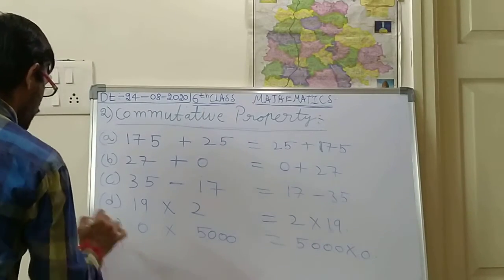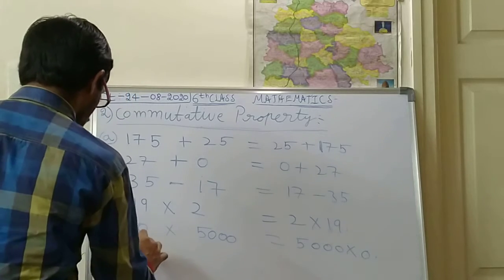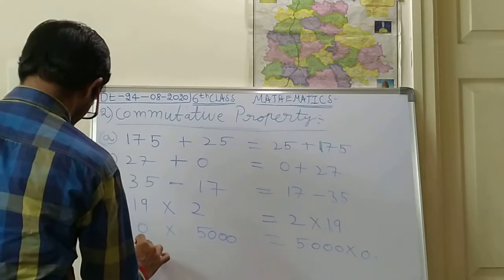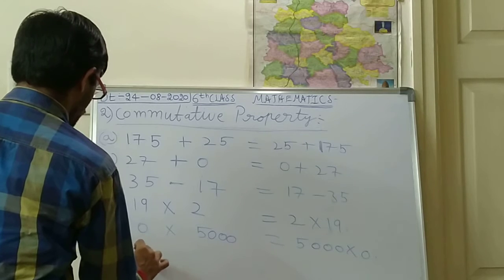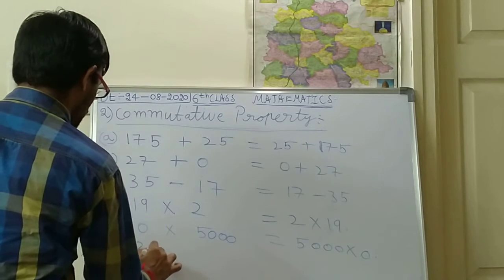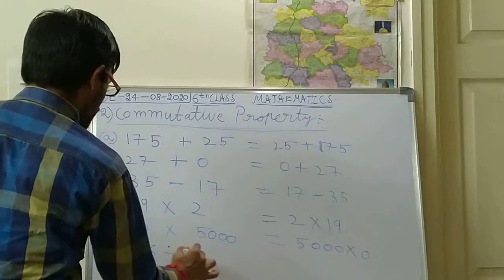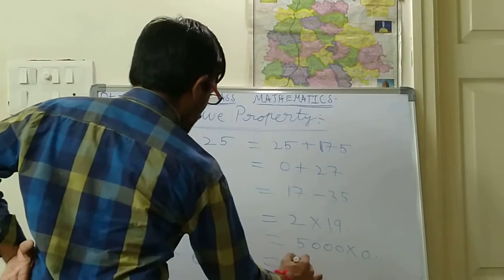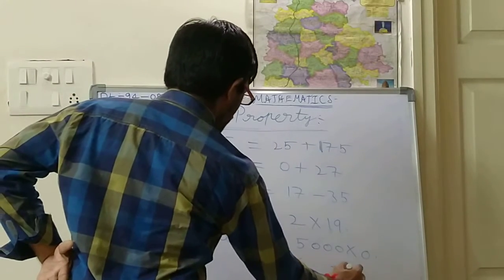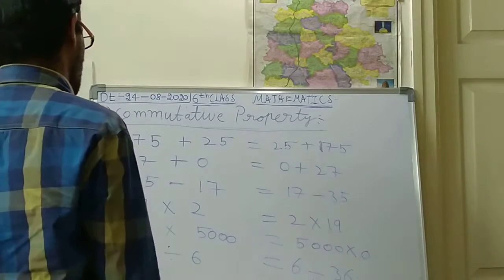Next, F: 36 divided by 6 is equal to 6 divided by 36.